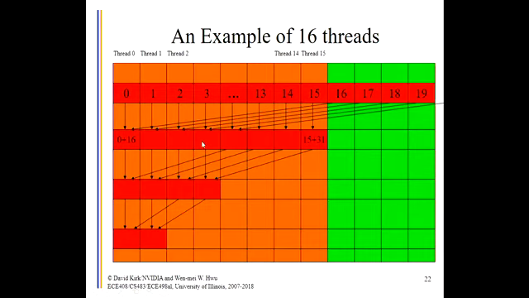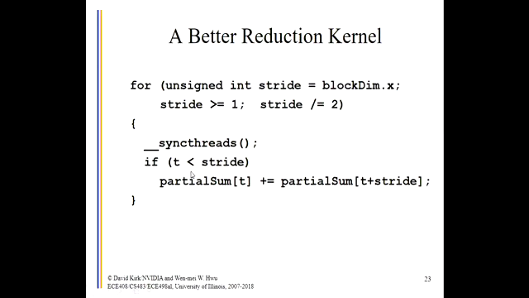In the next one, as long as your index is less than half of the block dim, then you should be active, right? So in every step of the way, we're testing whether your thread index is less than the stride value of the moment, and that stride value is reduced by half each step. That's why each step will involve half and half and half of the active threads.